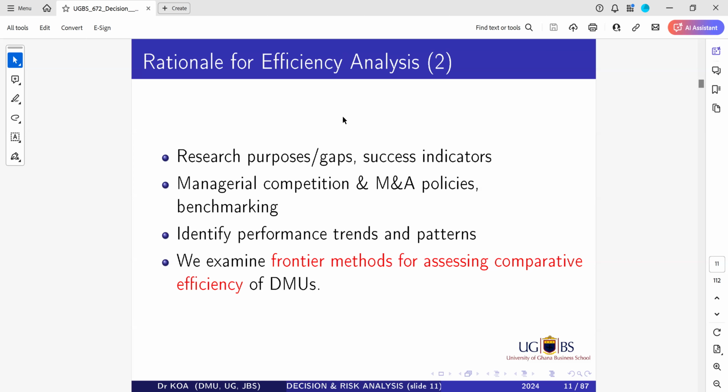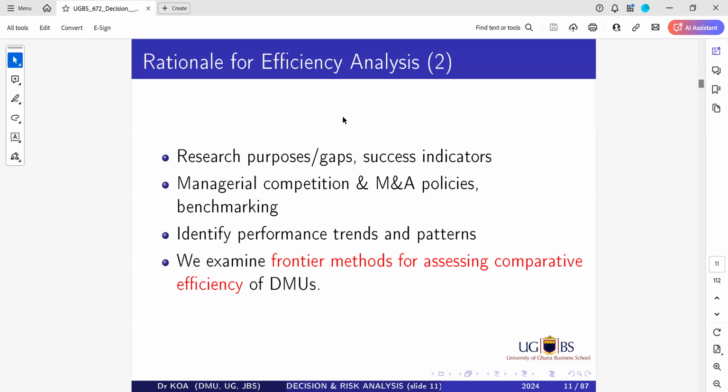If you understand the concept of efficiency, it can help you to identify gaps in the literature. You can write a beautiful dissertation, essay, journal article. You will know clearly how to become a true academic. If you're a manager, it can help you to compete very well with your competitors. You can determine whether you got to merge with a company or not based on the size.